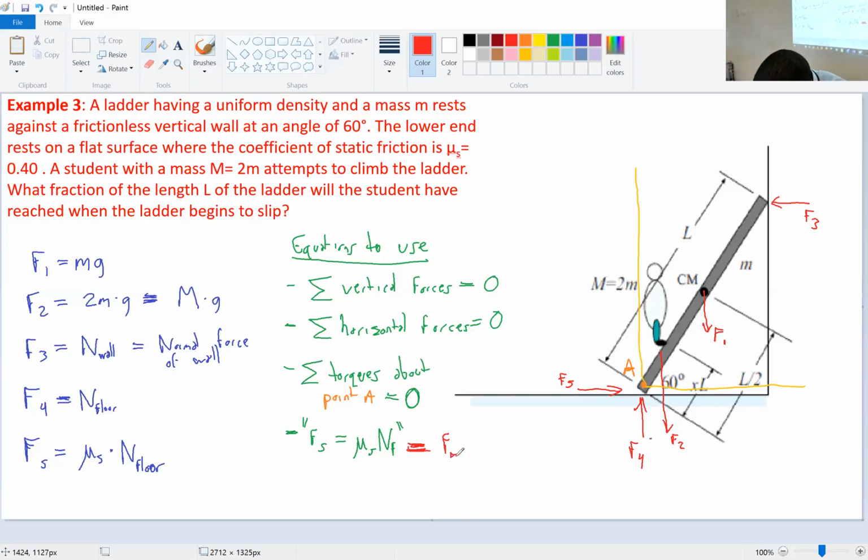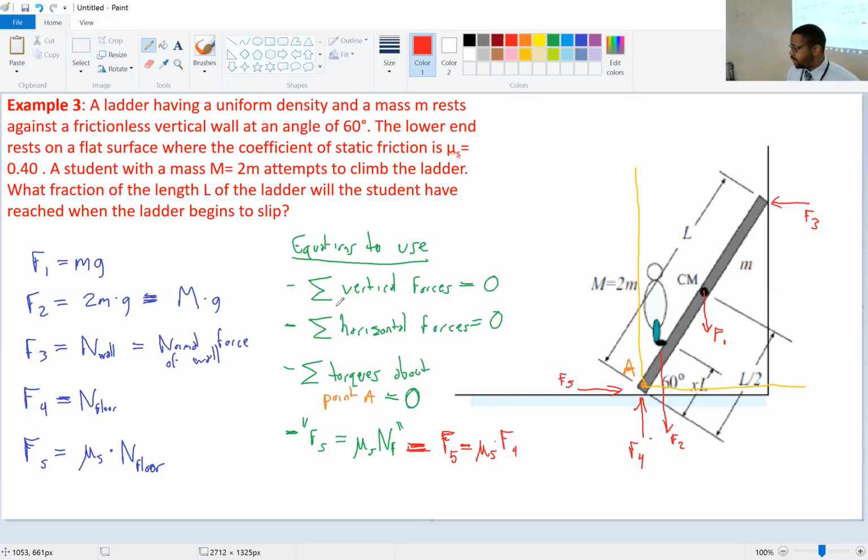So F of 5, because I don't want it to look like an S. And that equals mu of S times, actually, let's make that capital because that's how I had them, times F of 4. So those are kind of the equations.